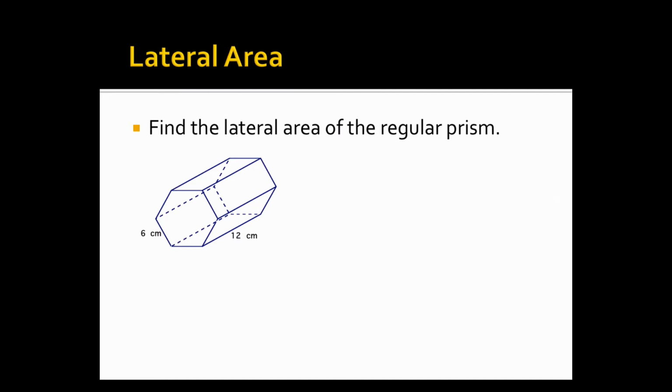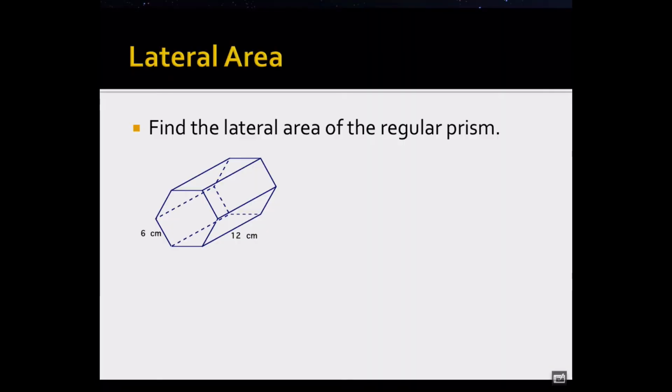All right, how do we find the lateral area? Dan? Find the area of one of the lateral faces and then multiply by 6. I like it. What shape is one of the lateral faces? A rectangle. Okay, so we got a little rectangle here that is 6 by 12.